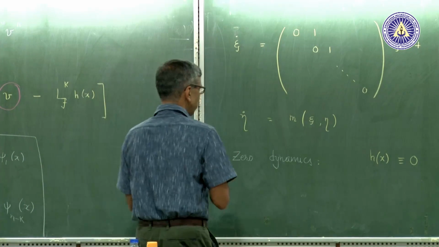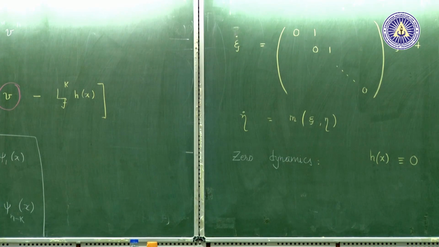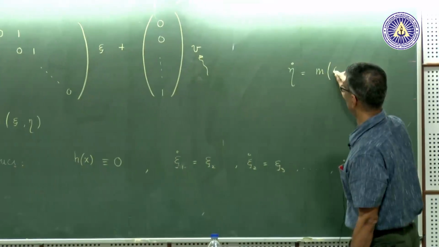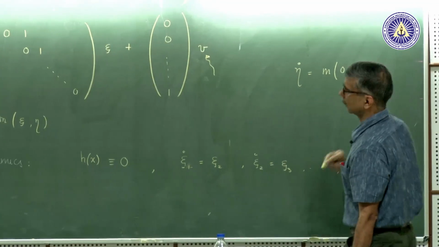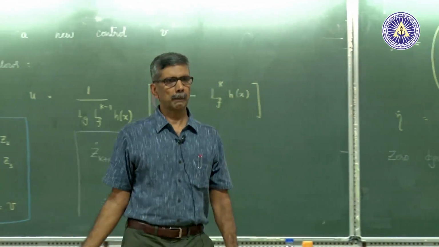So what you will be left with is a system like this. All the psi's going to 0, and then this part, which is eta dot, is some nonlinear function of 0 and eta, because the psi's are 0.